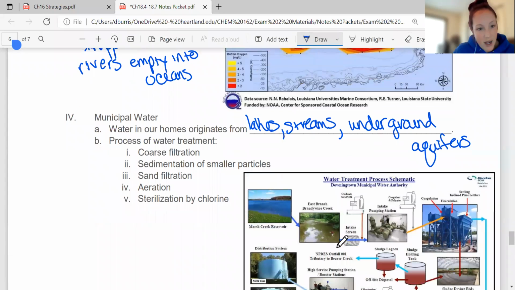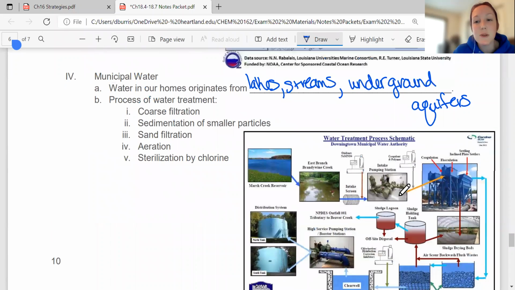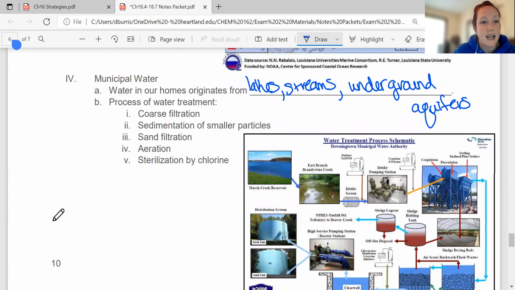Now, of course, it's a very complicated process to get it so that we can drink it. This has always been kind of interesting to me. My dad actually works as an engineer and goes to lagoons to check on how the water is doing. If you look through here, this is the process by which the water gets to where we can have it. They've got to filter out coarse stuff, right?